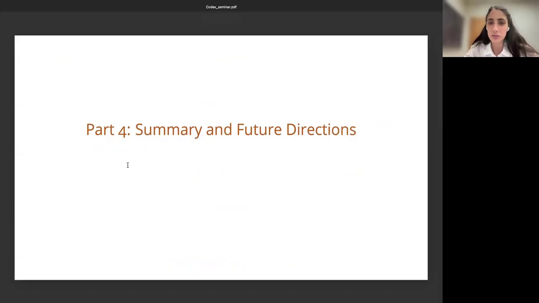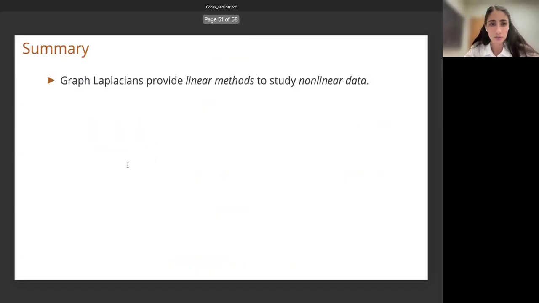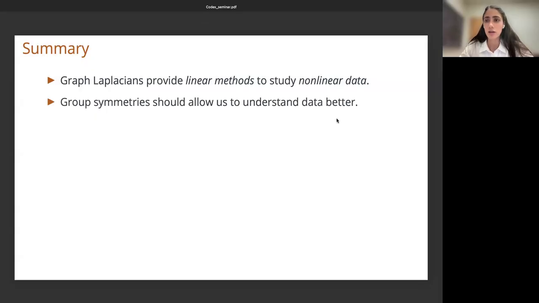Let me conclude with a summary and some future directions. In this talk, I hope I convinced you that graph Laplacians are a great way to obtain linear methods to study inherently non-linear data. And we also need to take into account group symmetries because they should allow us to understand data better. And if this is a resource that's available to us, we should use it.